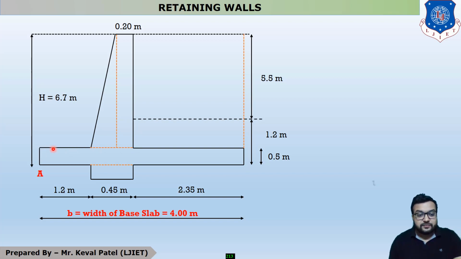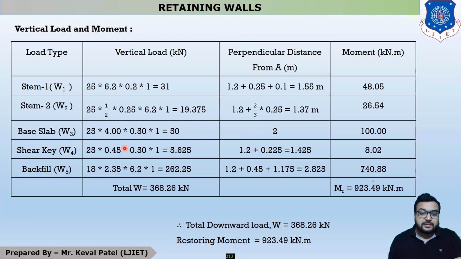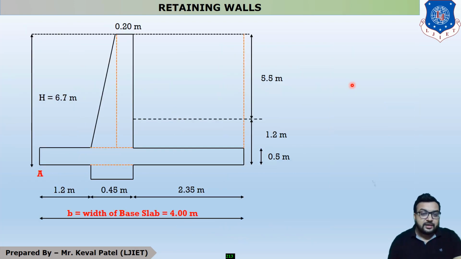So this length is 1.2 plus 0.25 plus 0.1, so total CG distance is 1.55 meter. Now force into perpendicular distance gives our moment. Whenever this force is acting on the downward side, it moves in the clockwise direction.